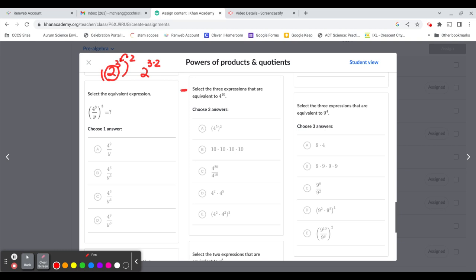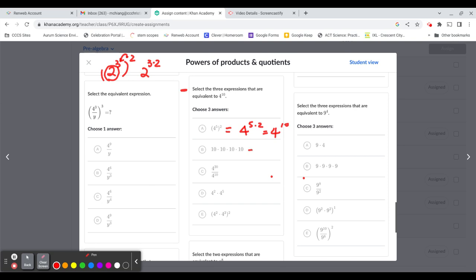Select the 3 exponents that are equivalent to 4 to the power 10. You have to evaluate every single one to see if they get to 4 to the power 10. For example, if we look at A, it is 4 to the power 5 and 2. So power over power, 5 times 2, is 4 to the power 10.